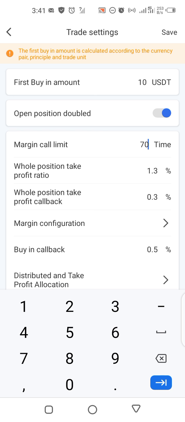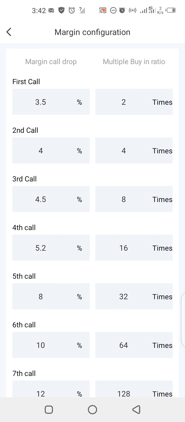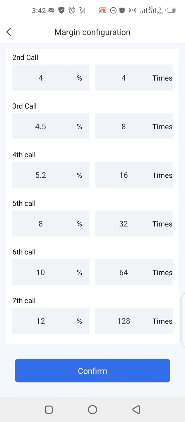But before I go to the margin call configuration, we have the buy-in callback. Now, the buy-in callback, this is when you are instructing the bot when to buy in. So I will tap here on the margin call configuration and we look at them.